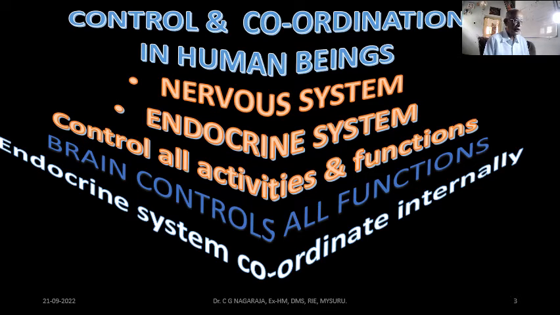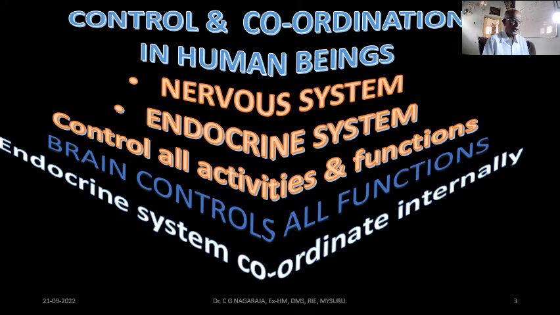The nervous system and endocrine system are two different systems which help in controlling and coordinating various activities right from the embryo in the mother's womb until we go to the last part of our journey, that is called death. From birth to death, a large number of activities will be going on. They are all controlled by the nervous system and the endocrine system, in addition to many other systems.